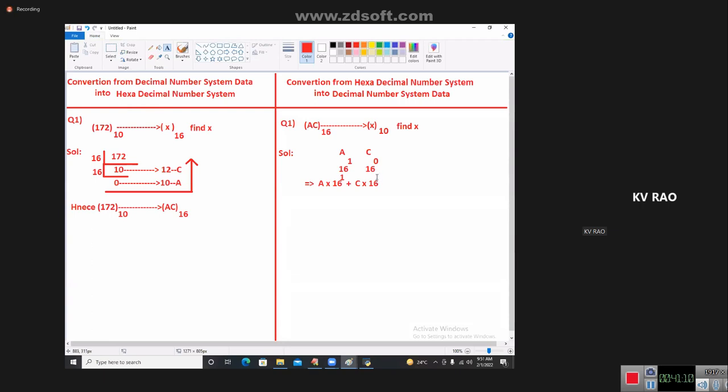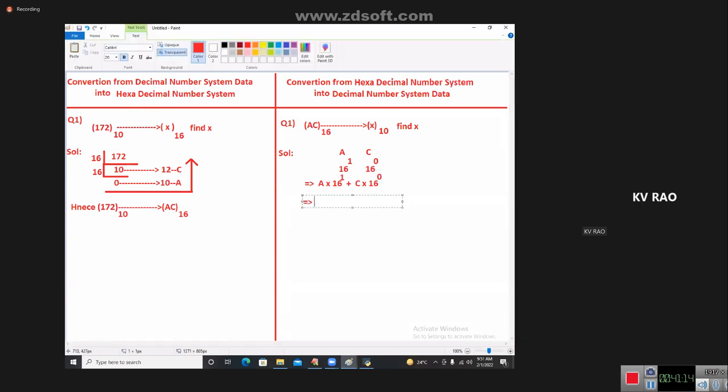This is 16 to the power of 0. Which is equal to, already you are aware of it, A means 10 into 16 plus C means 12 into 1. 160 plus 12, which is equal to 172.